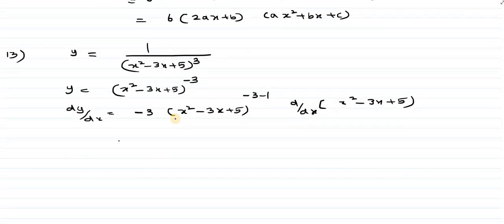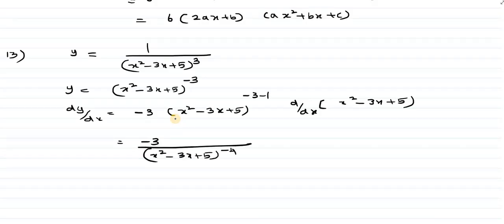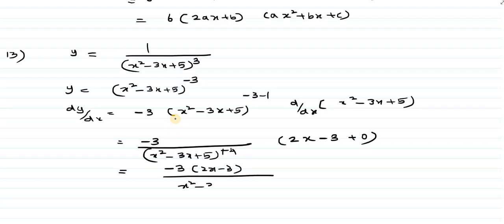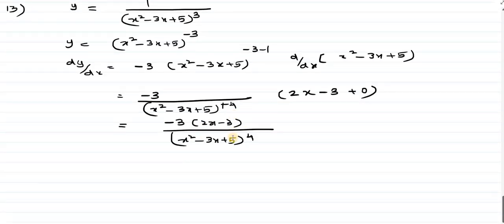It is -3; if you bring it to the denominator, power -4 becomes 4. So x^2 on differentiating is 2x, -3x on differentiating gives -3, plus 0. So it is -3(2x - 3) divided by (x^2 - 3x + 5)^4. If you want, you can take the minus inside and write, but it is not necessary. Till here, any doubt you can tell me.